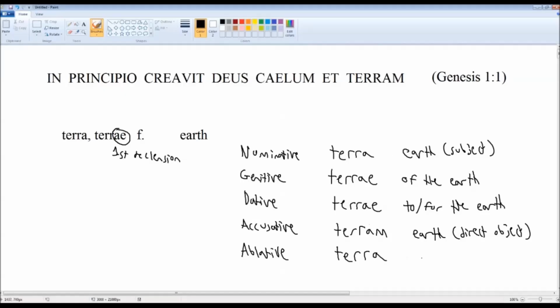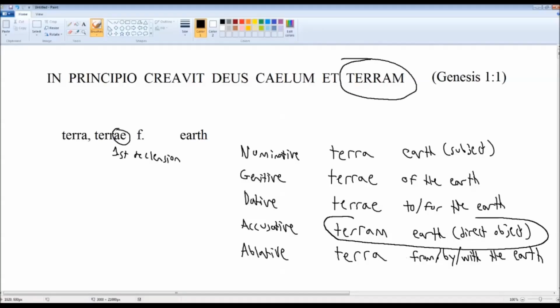And then ablative is kind of a catch-all category, but it can mean lots of things like from, by, or with the earth. And it has other uses as well. But our word here is terram, so it's the earth as the direct object of the sentence, okay?